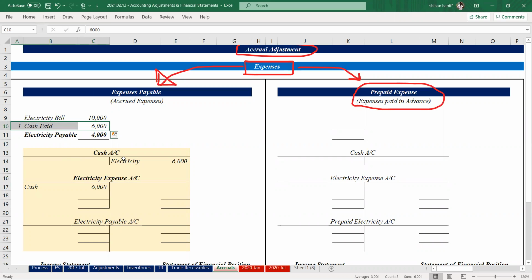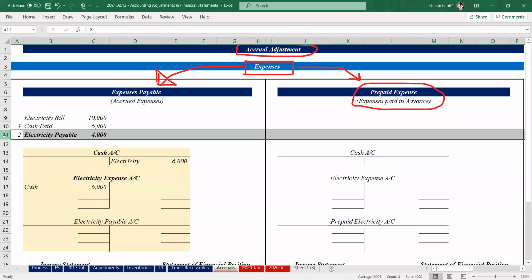Once you get the trial balance, then you have to do the additional information or the adjustment. This is the adjustment, electricity payable. This is the second transaction that we need to do. What is the double entry for electricity payable?